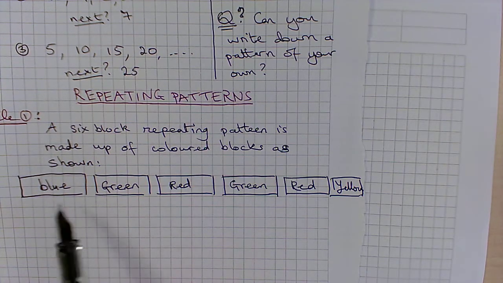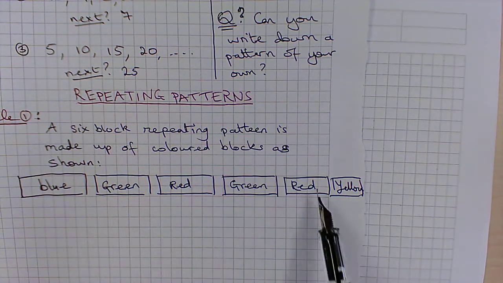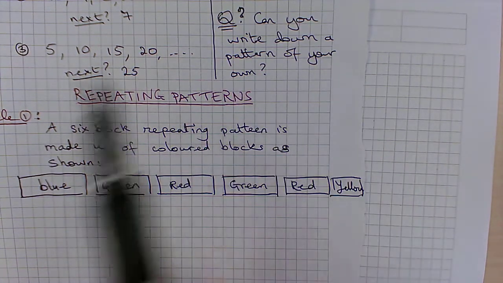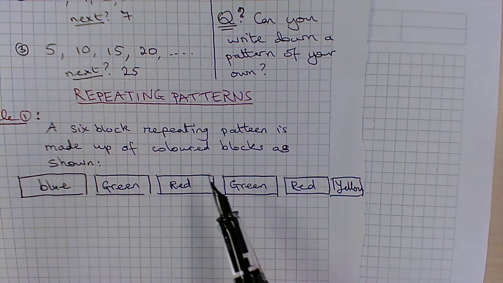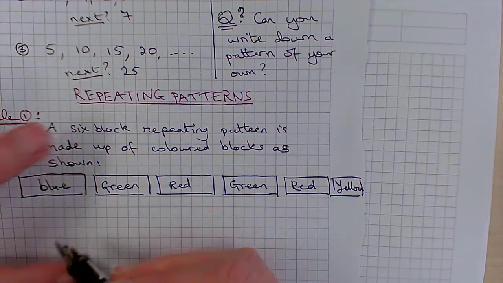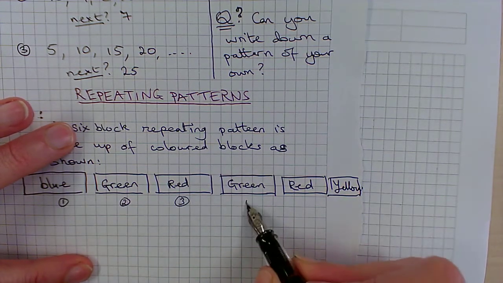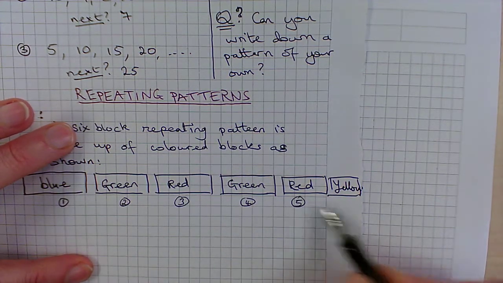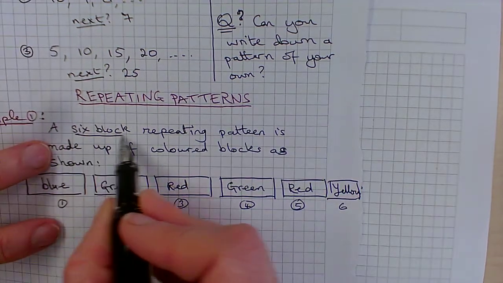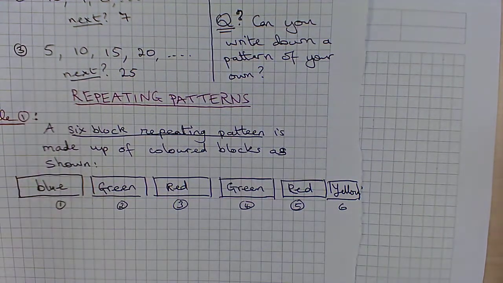So we have blue, green, red, green, red, yellow. And then it will go back to the beginning and go blue, green, red, green, red, yellow again. So it repeats every 6. That's what we were told in the question, that it's a 6-block repeating pattern. So we know what's going to come next.